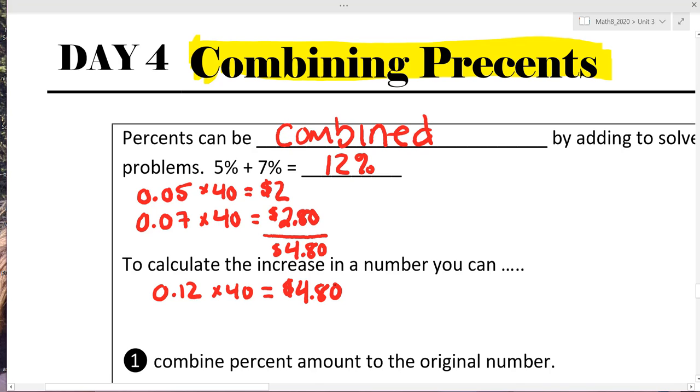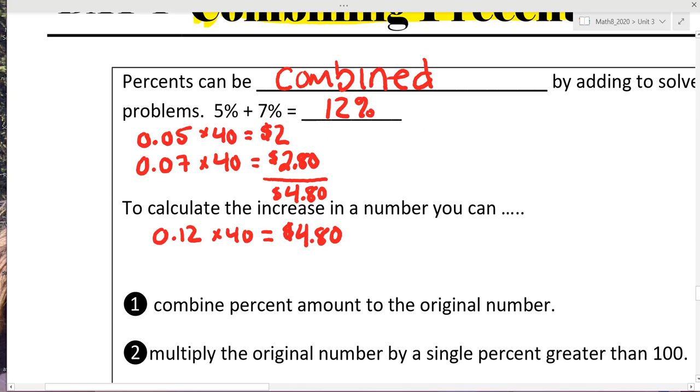Now, often these kind of questions are not just like, hey, how much tax did you pay? But it'll be also like, hey, how much money do you pay altogether? Well, the jacket costs $40, and you're paying $4.80 in tax. How much did it cost you altogether to purchase this jacket?